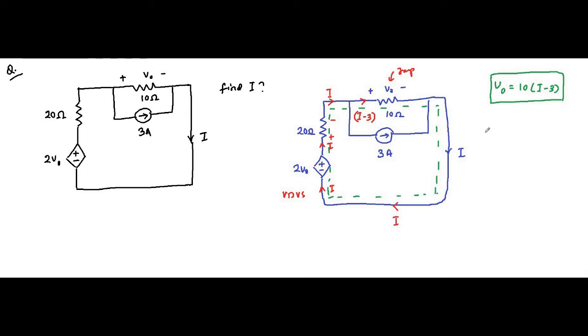So when we apply KVL in the super mesh, why is it a super mesh? Because these two meshes have an independent current source in between them. That is the reason why it is a super mesh.